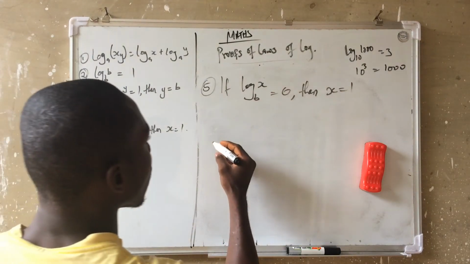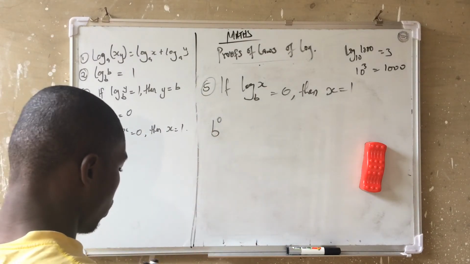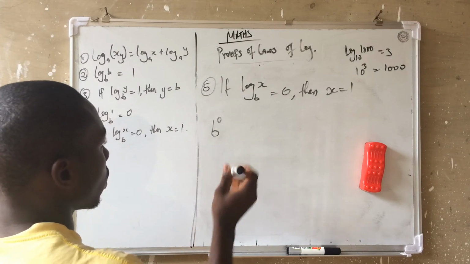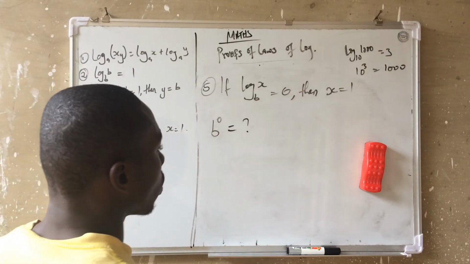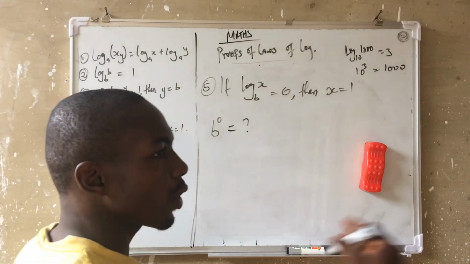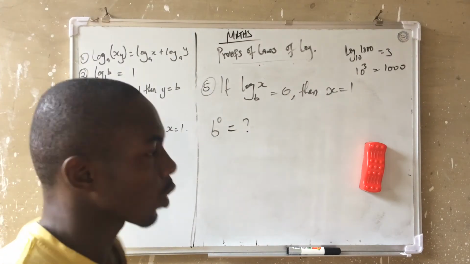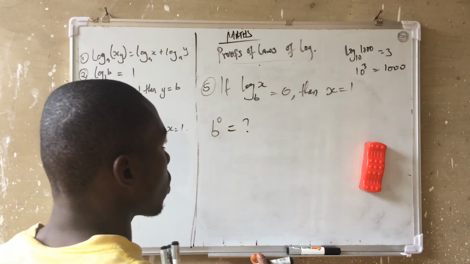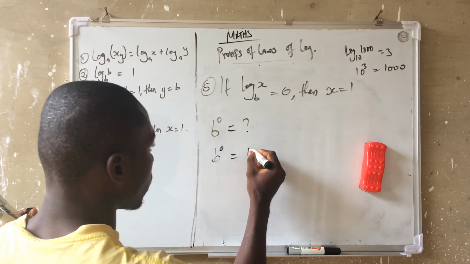Using this definition again, we say b raised to the power 0. B raised to the power 0 is what? We don't know, because this x is an unknown. But with the knowledge of mathematics that we have, anything raised to the power 0 is 1. What is b raised to the power 0? B raised to the power 0 is simply what? 1.